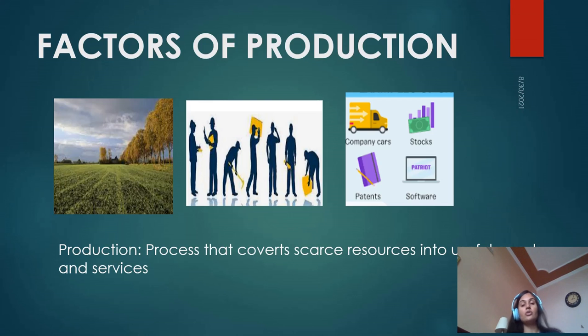So, what is production? The process that converts scarce resources into useful goods and services is the process of production. In production, we use various inputs, the resources, and convert them into output, the final product or service that is useful for a particular household.